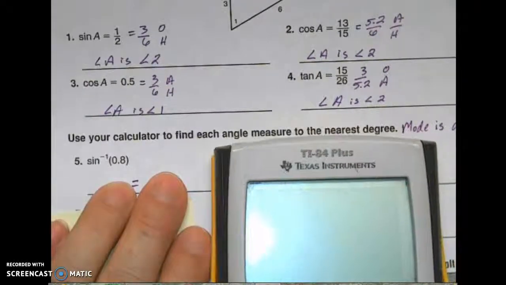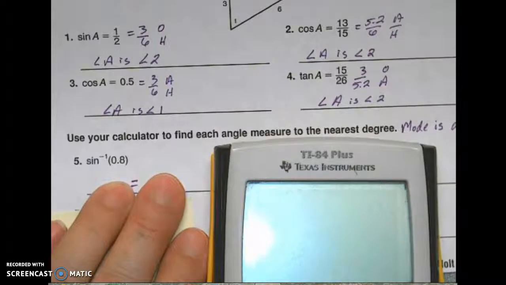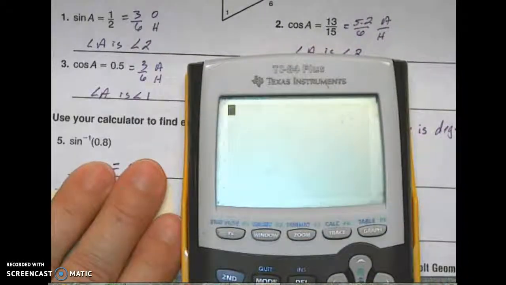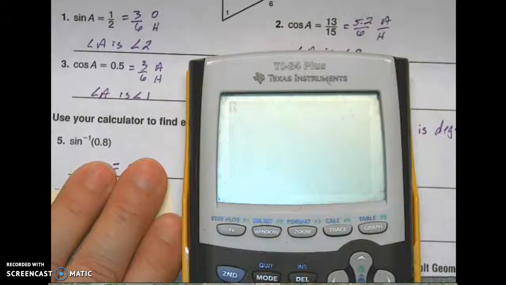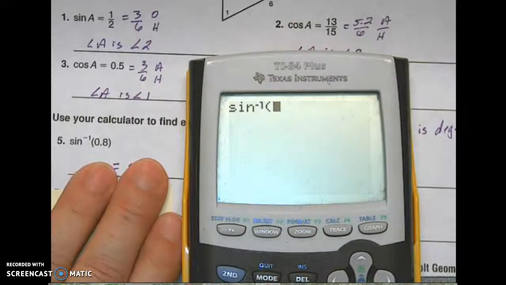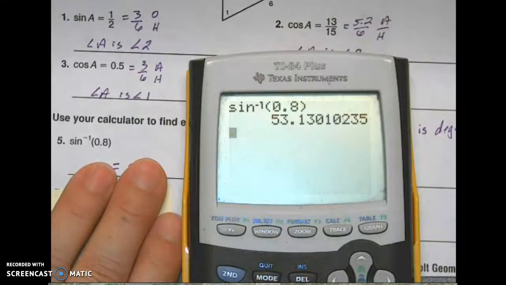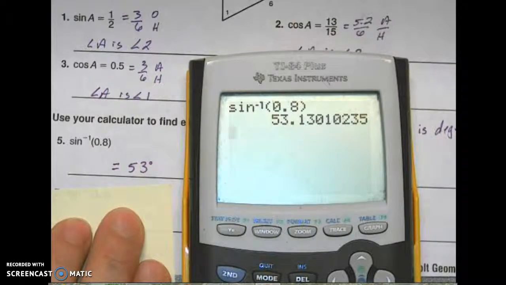So if I'm trying to find the inverse sine of 0.8, I hit my second button, then my sine button, that gives me that inverse sine. I want 0.8. I close the parenthesis, enter, and I end up with an angle of 53 degrees.